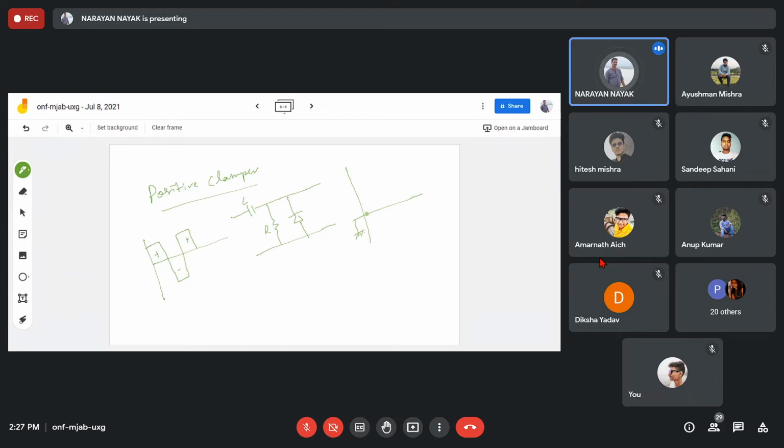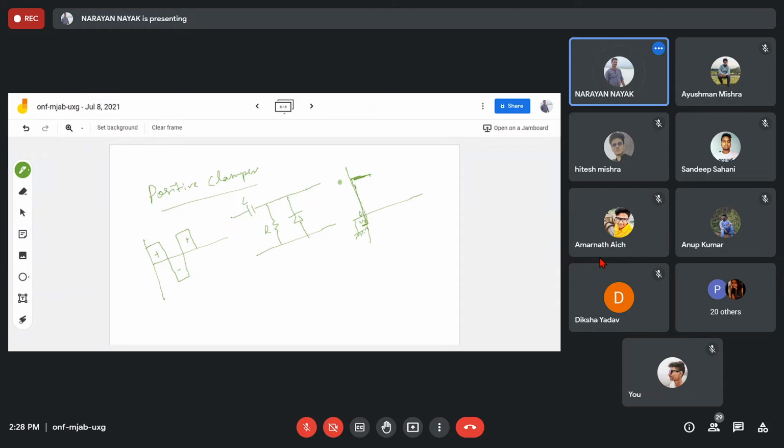Initially you will get some V0. This portion is your V0. So the signal will start here, and how much will it reach?